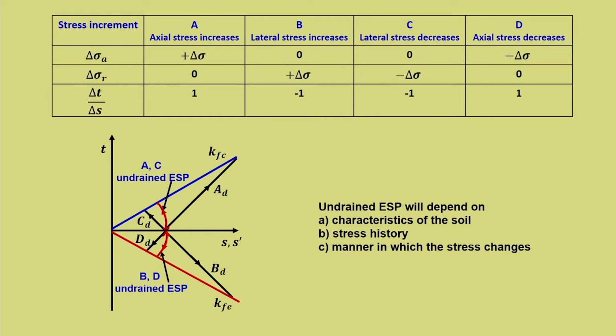So, we need to understand that it depends upon the soil behavior, it is very much dependent on the stress history, and it also depends on the sequence and the manner in which the loading is happening. Okay. So, that is a brief introduction on how the effective stress path and the total stress path depend on the various field situations.